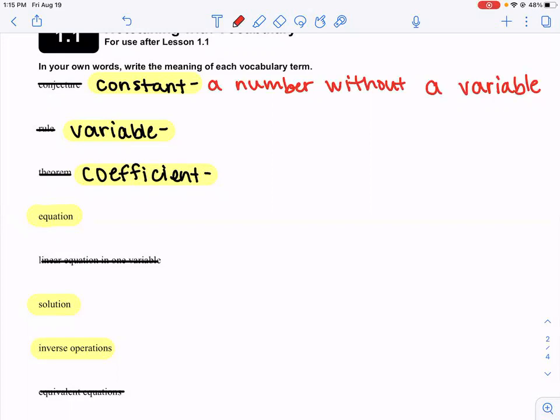Variable. I feel like you guys know this one. Amelia. A letter that represents a number. Does that sound good? Put your pencil on 4. Okay.